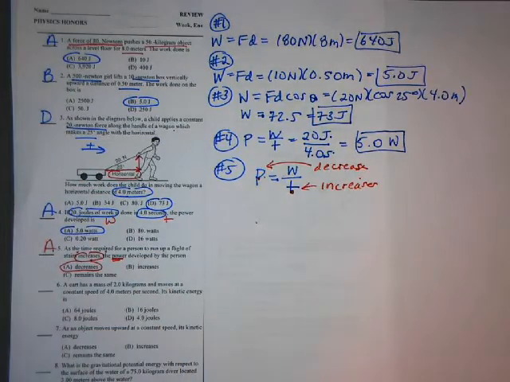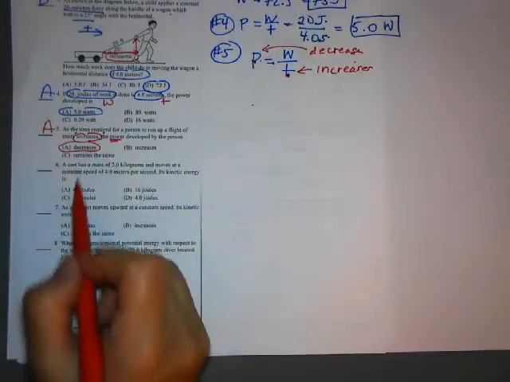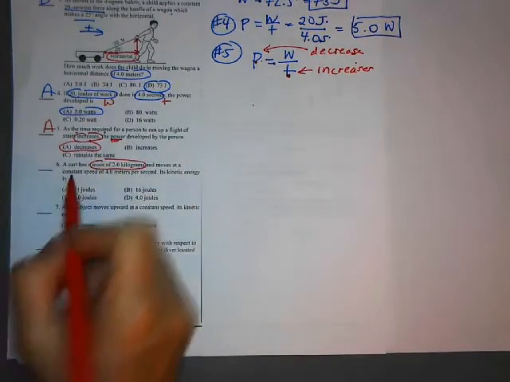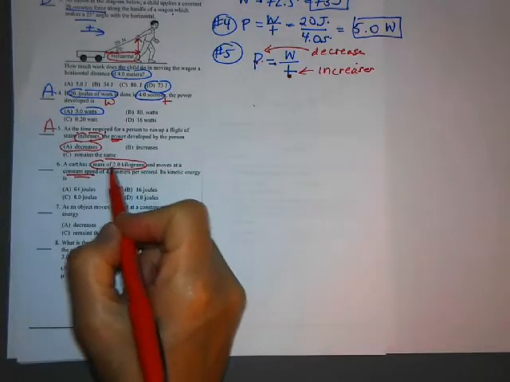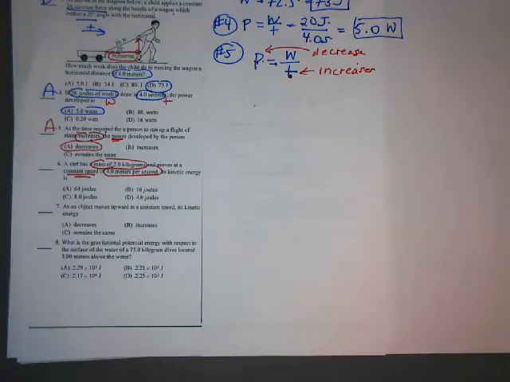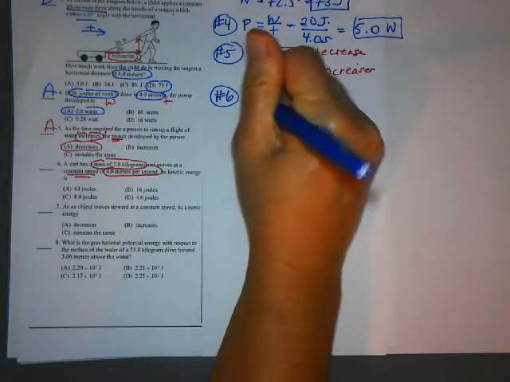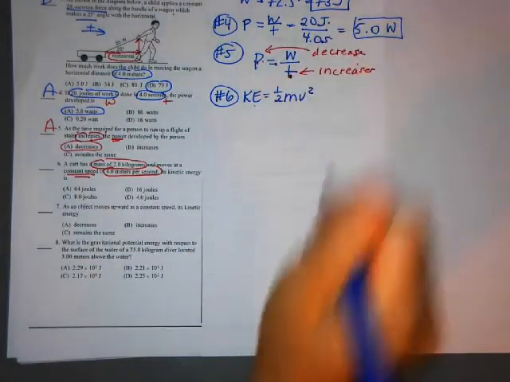Number 6. A cart has a mass of 2 kilograms and moves at a constant speed of 4 meters per second. Remember, constant speed is always important because that means there's no acceleration. What's its kinetic energy? Kinetic energy is 1/2 mv squared.